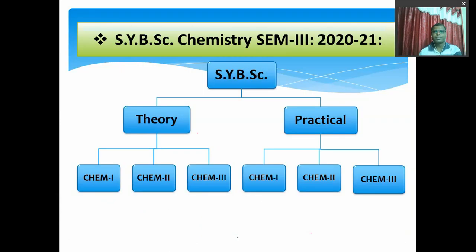In the SYBSC, just like the first year of the BSc, you will have 3 chemistry papers as well as 3 practical courses, because in the first year BSc you were having 2 theory papers and 2 practical courses. Similarly, in the second year of the BSc, you will have 3 chemistry papers: chemistry 1, chemistry 2, chemistry 3, and respectively their practicals.